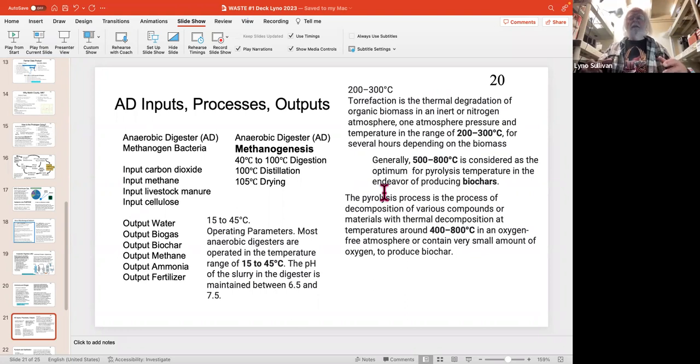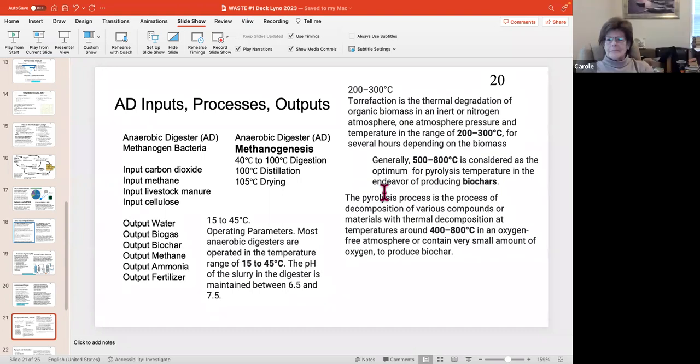And so if your end game is biochar, then you're going to be in that range, 800 degrees, with heavily controlled oxygen starting a combustion of the carbon material, not completing it, just turning it into char. And so that's up the scale.